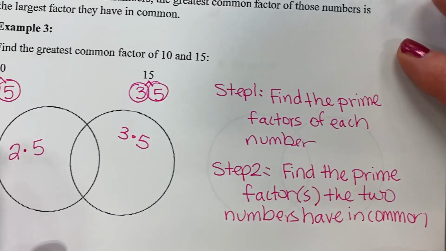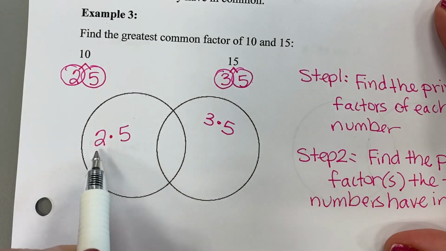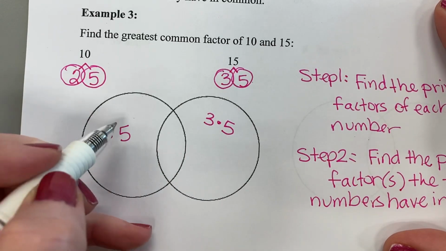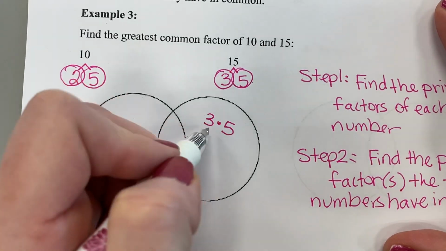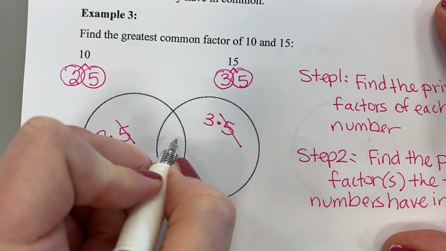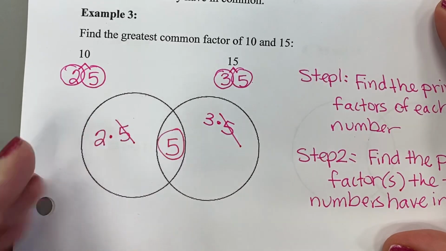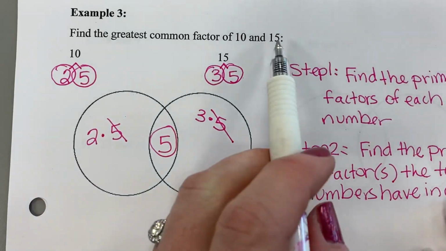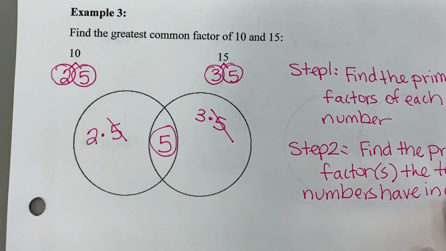So if you look here, what do we have the same on both sides? Well, I hope you're thinking 5. So we're going to cross the 5 out here, and we're going to cross the 5 out here. That's what gets written in the middle. So the greatest common factor of 10 and 15 is 5.